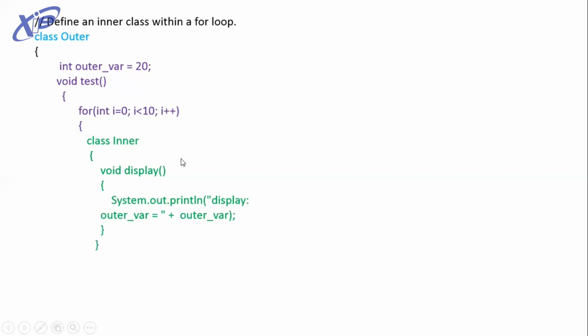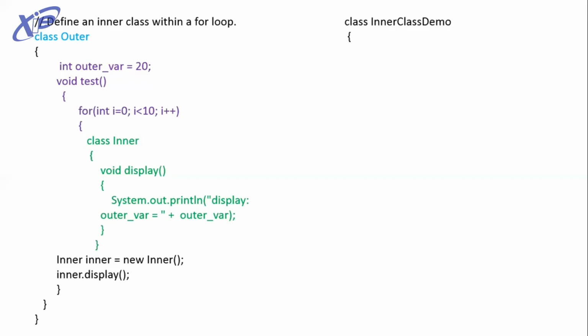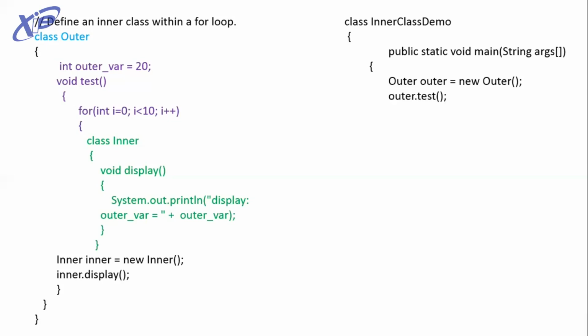and then we are instantiating the inner class. An object of the inner class is created, and using this object we are trying to call the method of this inner class, and then in the main function an object of the outer class is created, and using this object we are trying to call the method of the outer class, this test method.